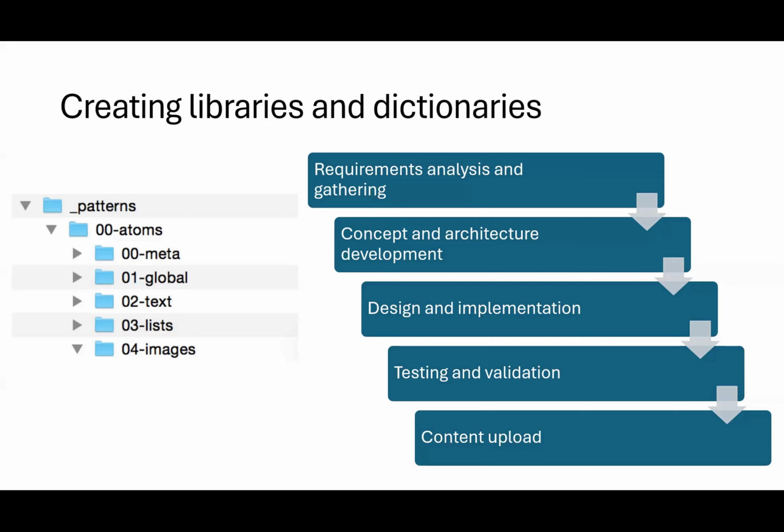First of all, we need to analyze the requirements for this storage, then develop the architecture proposal, then design and implement this storage, test and validate it, and then we can upload the real enterprise content in there.